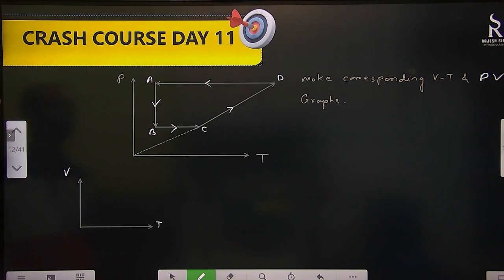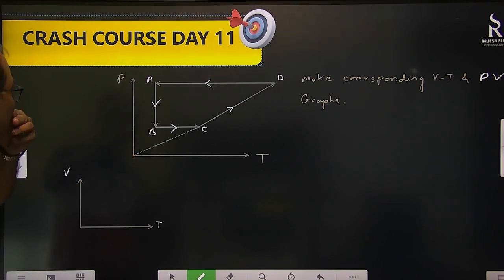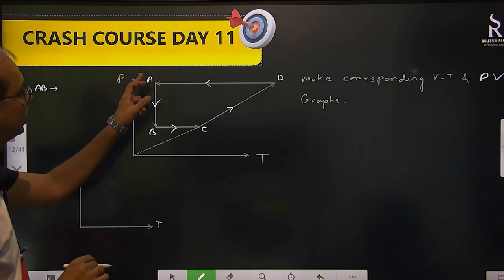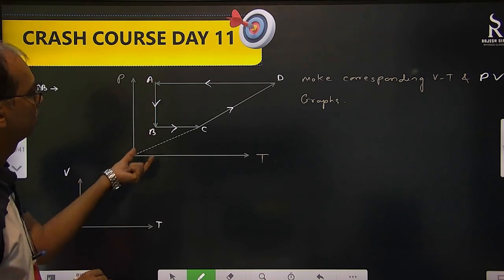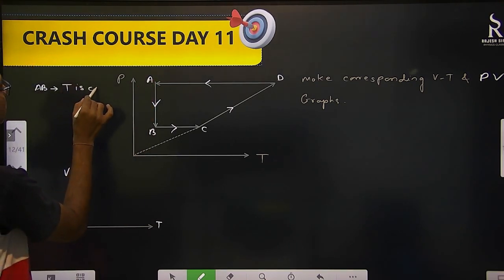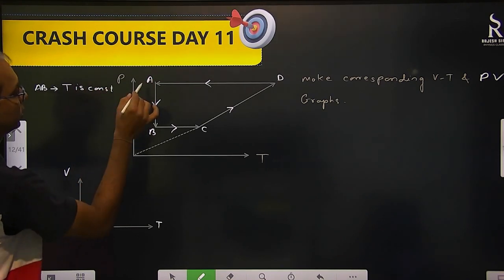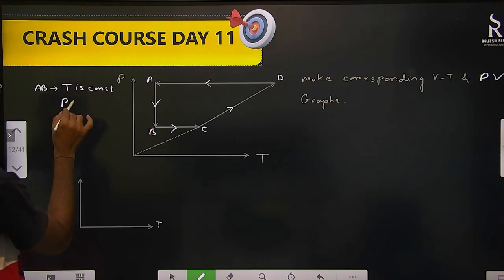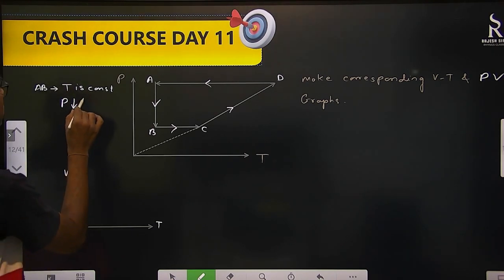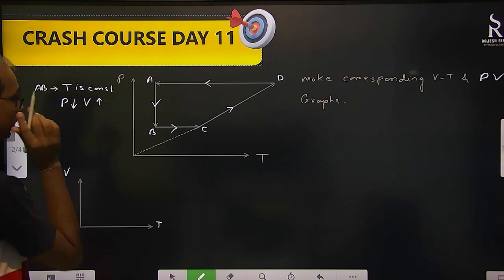Okay, let's check. In the first process AB, I can see that temperature is constant first. So this is an isothermal process, right? T is constant. Pressure is coming down. Now, if pressure is coming down, volume has to increase, right?